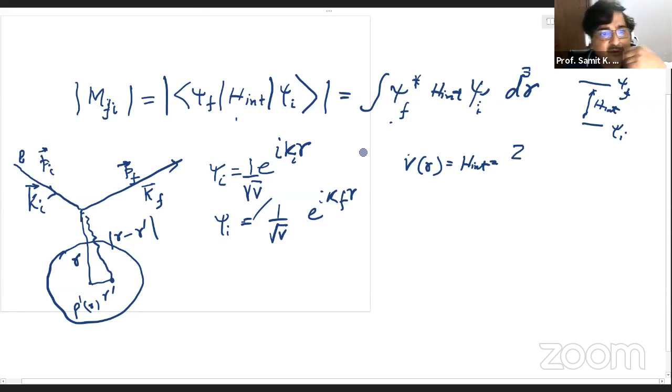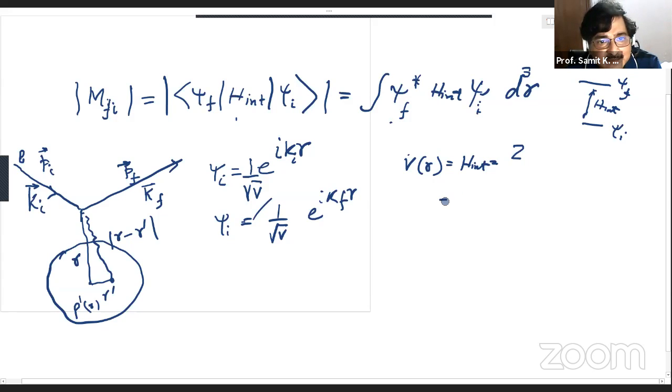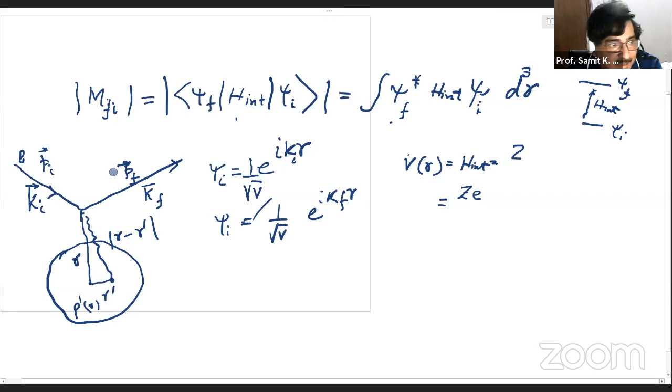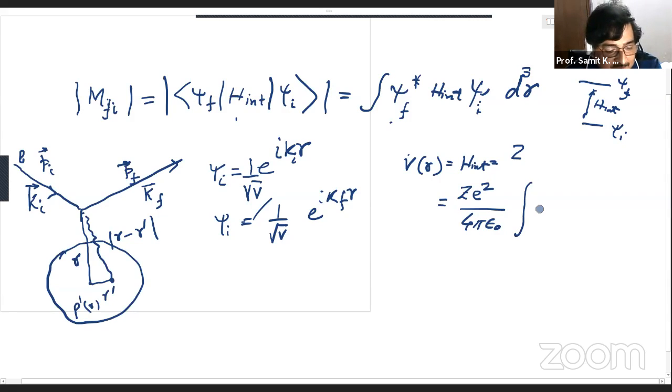Now, what is the V interaction? V interaction is nothing but the Coulombic interaction, and if my nucleus has charge Z e, and the electron has charge e, then it is Z e squared over 4 pi epsilon 0. You know that quantity. And then you have the integration over the whole nucleus.